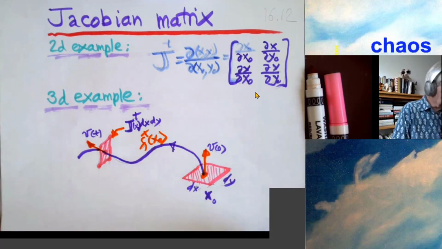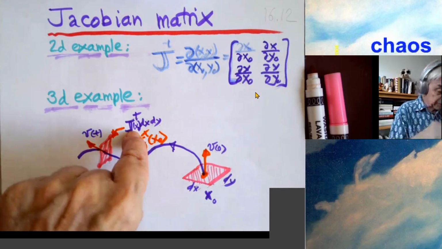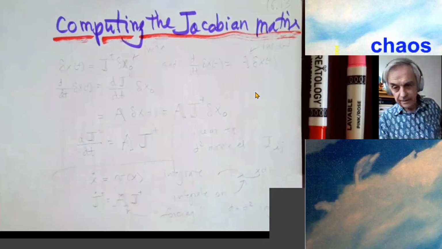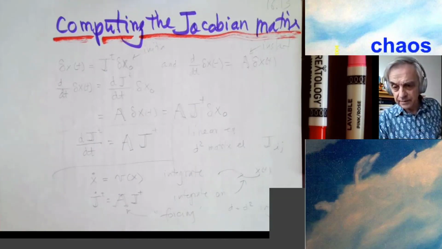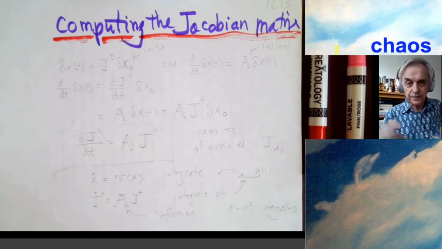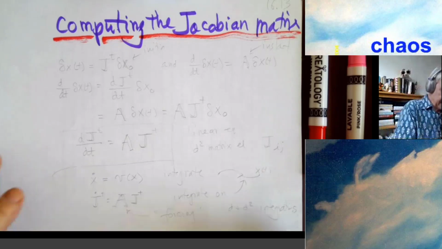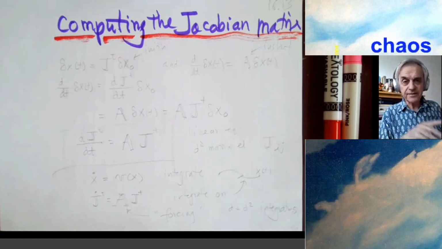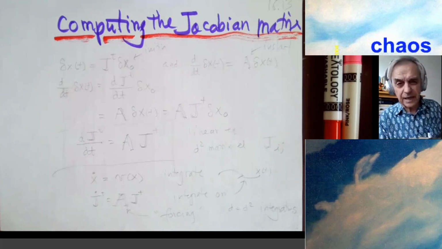And now the question is, fine, but how do I compute this stupid matrix? That's easy to tell you. And you have to understand that what I will tell you is misleading, because if you put it on a computer, you'll discover that you're getting exponentially big and exponentially small numbers. What does it mean to be exponentially big?